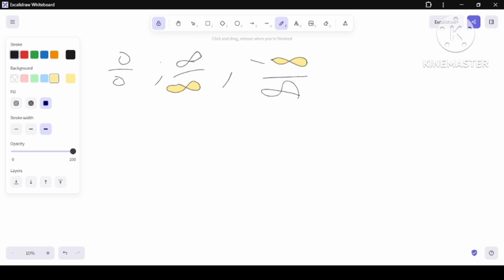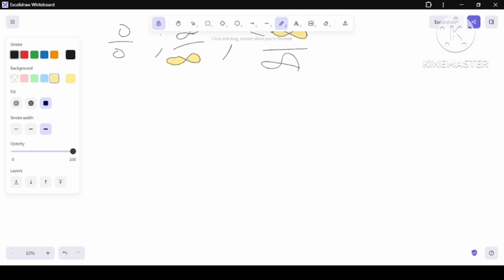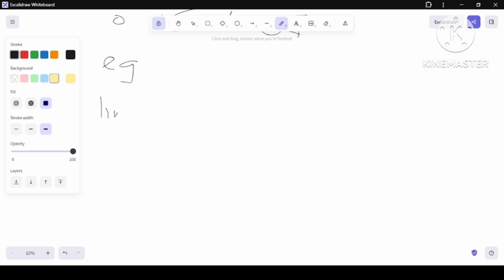So I'm going to give you examples of functions which can obtain infinity over infinity. For example, the first example is the limit of f of x over g of x as x approaches c is equal to 0.